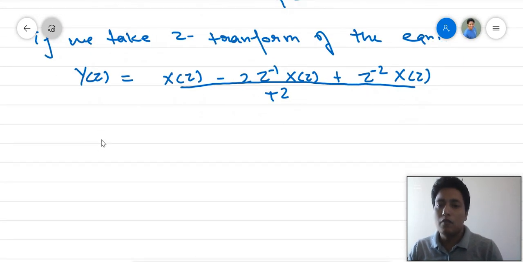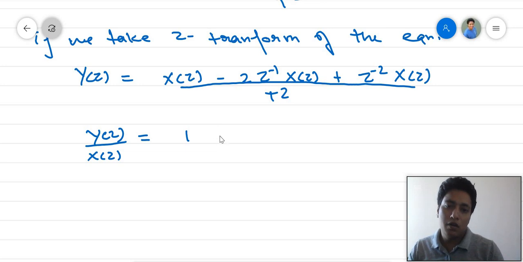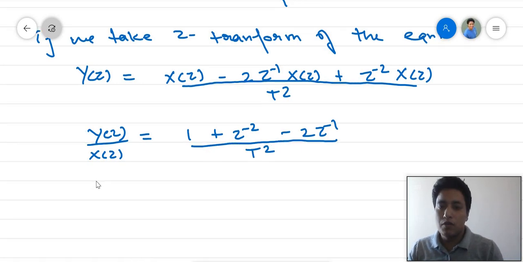Then taking X(z) common, Y(z) by X(z) is 1 plus z to the power minus 2 minus 2 z inverse, by T square.